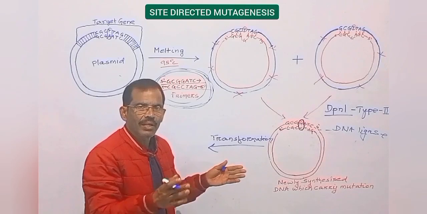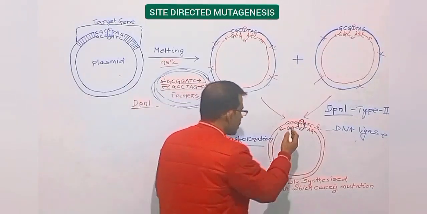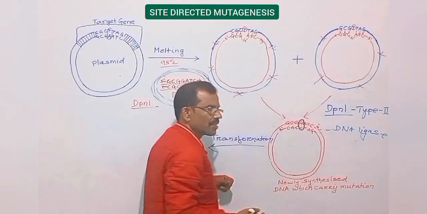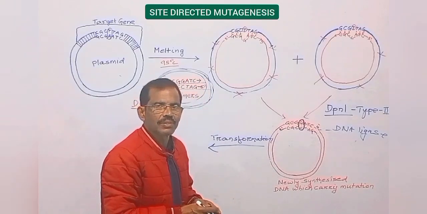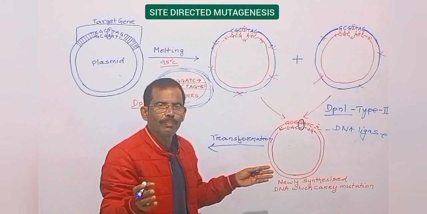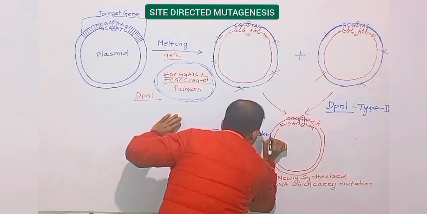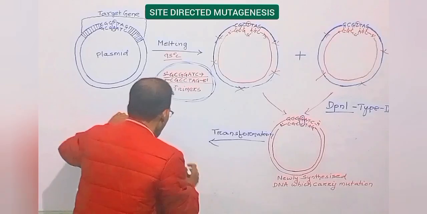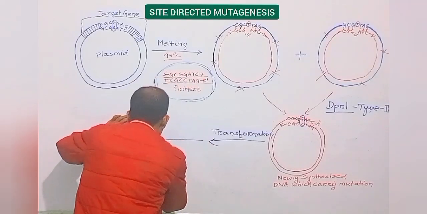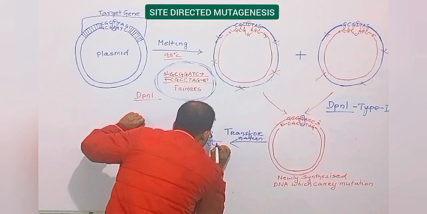The DpnI digested PCR product, which contains only the newly synthesized DNA molecules, is then used to transform chemically competent E. coli cells. The transformed cells are then plated on an LB agar medium and incubated overnight.